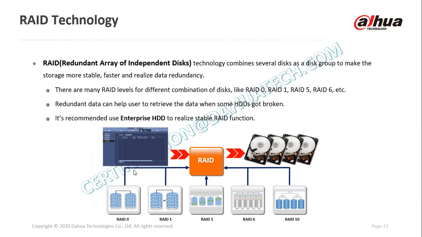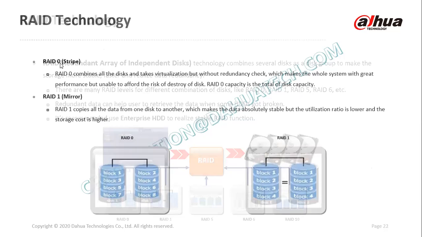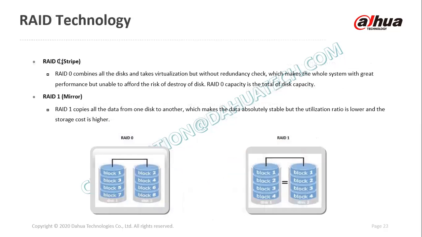Just an introduction about RAID 0 and RAID 1. RAID 0 is called Stripe. It combines all the hard disks and takes virtualization, but without redundancy, which gives the whole system performance, but it is unable to afford a disk failure or destruction of a disk.